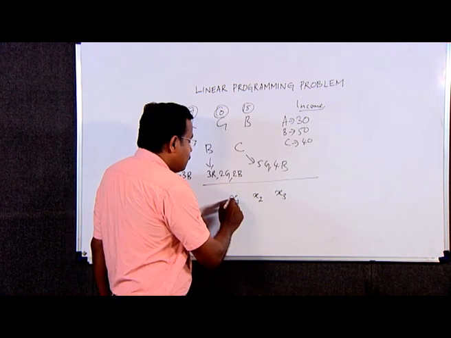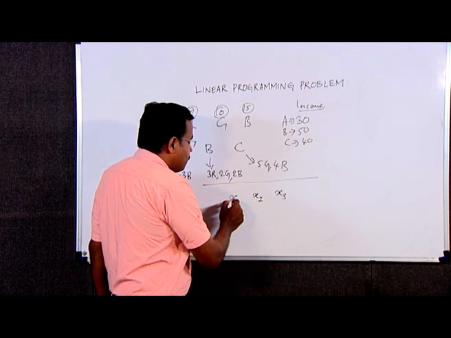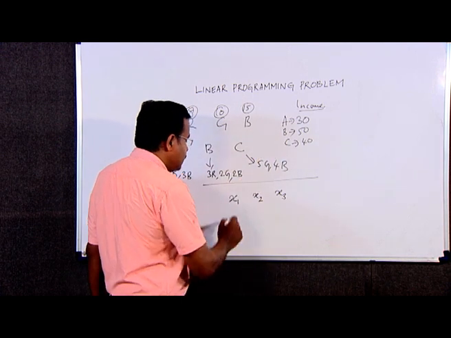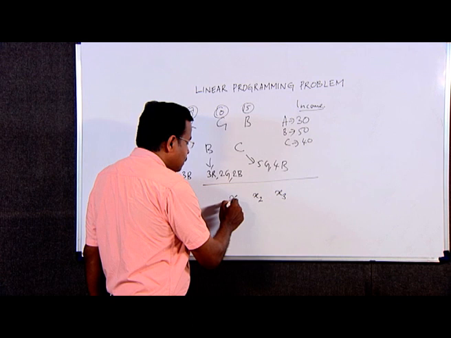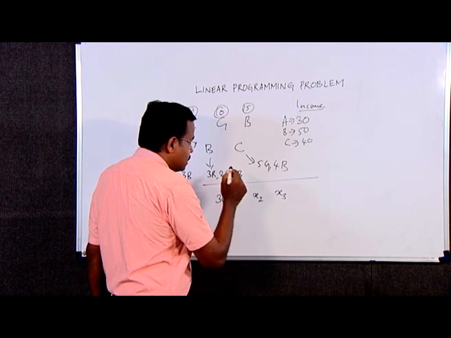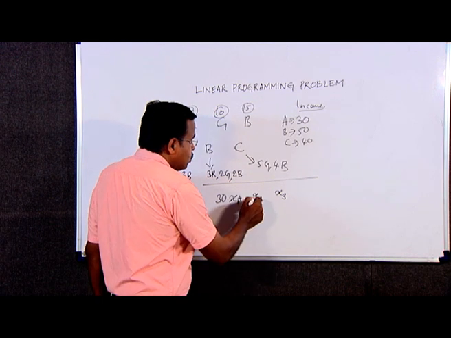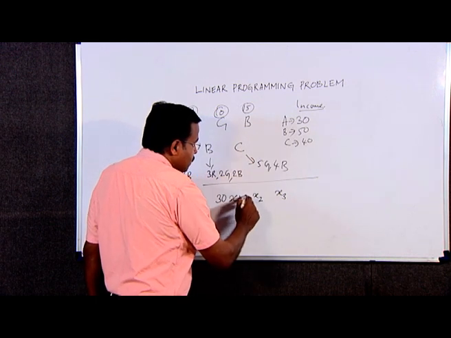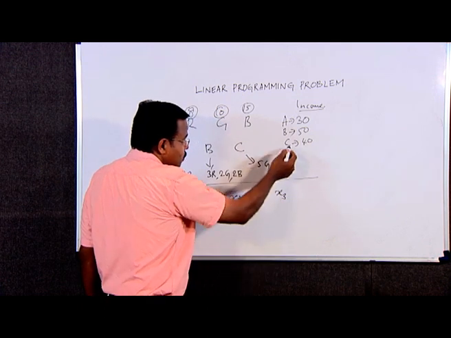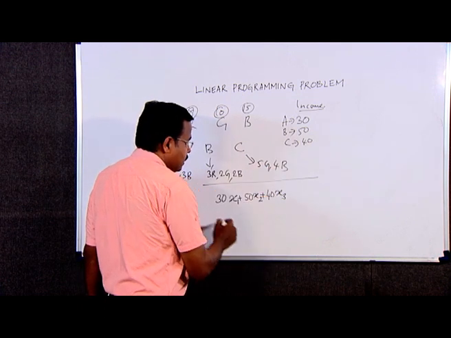The income obtained from x1 unit length of A cloth is 30. So, if x1 units are produced, the total profit is 30 x1, plus x2 units of B produced, profit 50 x2, plus x3 units of C produced, so profit is 40 x3.